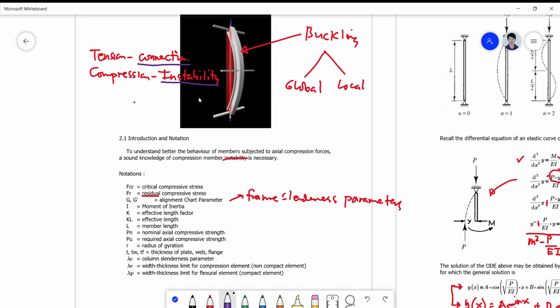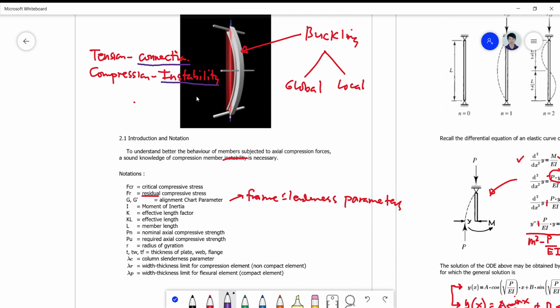Okay, because a compression member tends to stabilize the behavior of a component or a series of components.